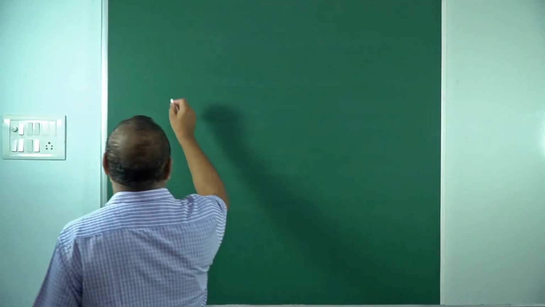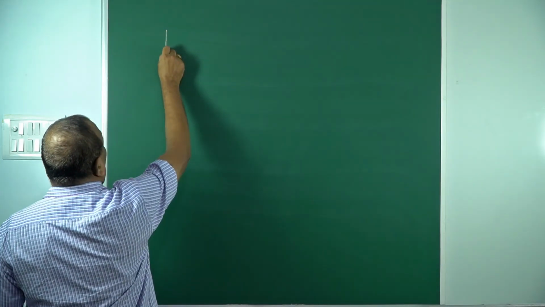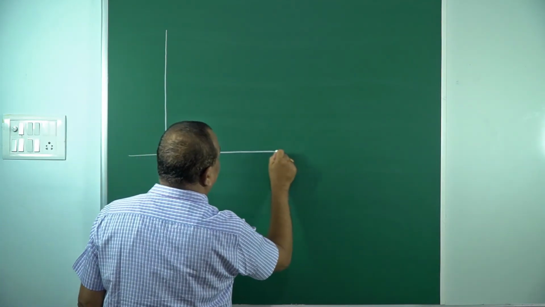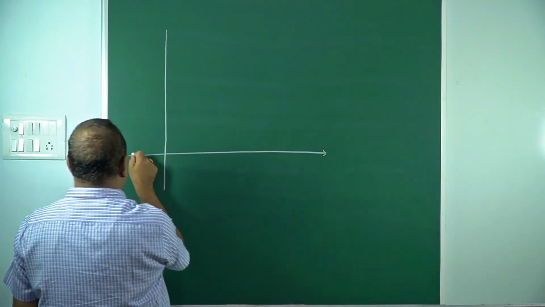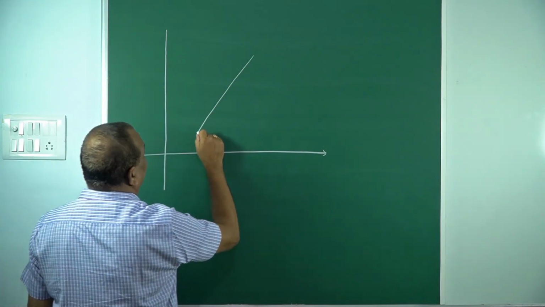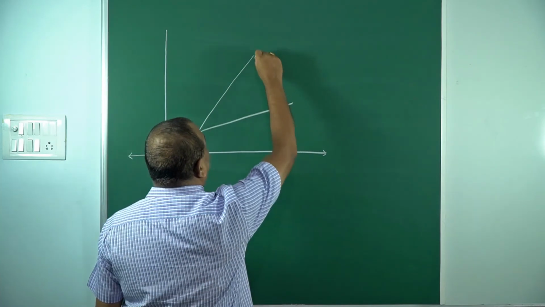So here you have the y-axis and the x-axis, and you have a triangle whose vertices are given.